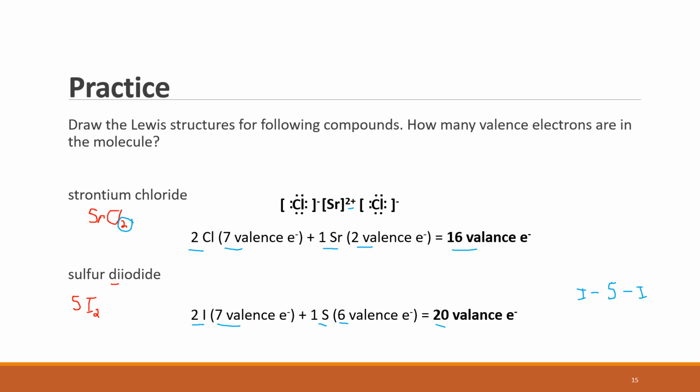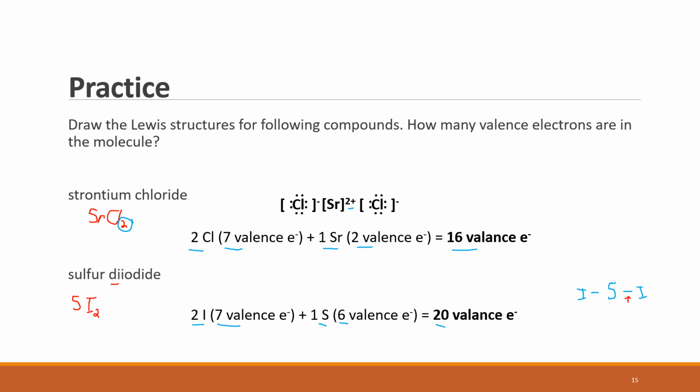Once I do that and I have the basic structure set out, my next step is to make the terminal atoms happy. How do I make the terminal atoms happy? I want to make sure they have a full octet. So right now, looking at the iodine atoms, each iodine atom currently only has 2 electrons because of that single bond, because remember, this single bond represents 2 electrons and it's sharing those electrons.